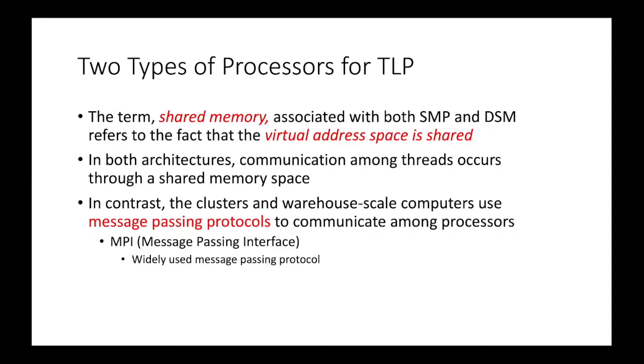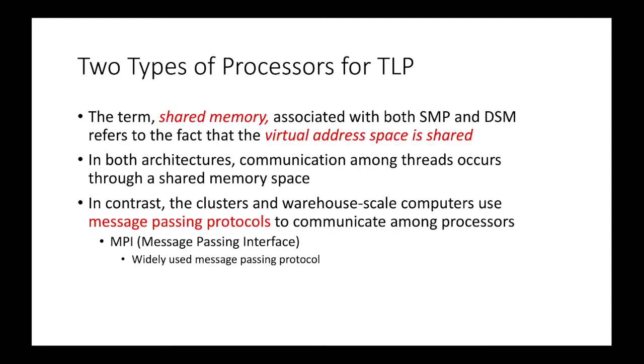The term shared memory, associated with both SMP and DSM, refers to the fact that the virtual address space is shared. In both architectures, communication among threads occurs through a shared memory space, for example, using pointer operations.